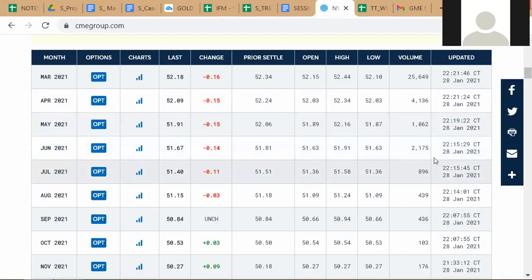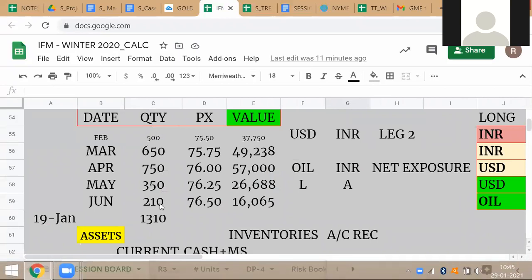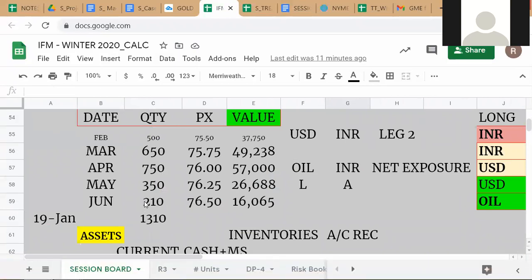In all the months, we have more than 750 volume. I'm sure we can also look at the open interest, but volume is good enough actually. So it's well over the exposure. So why not just hedge now and do it? So he's correct, but obviously the exposure in real life will not be only up to June. It will be much longer because India will be buying oil even after June 2021.